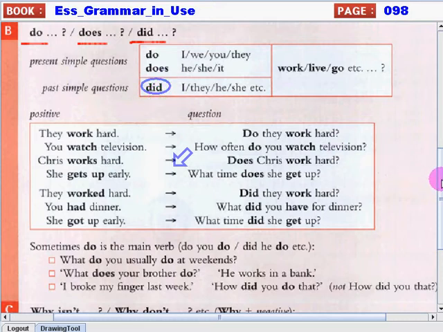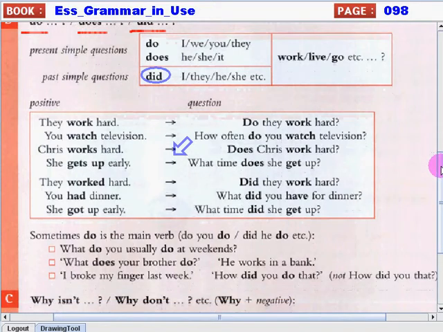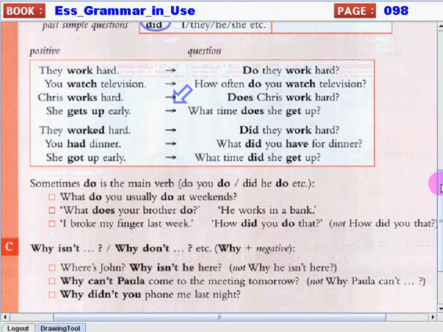Okay? Example. Did you go to school yesterday? That is an example of a past simple question.